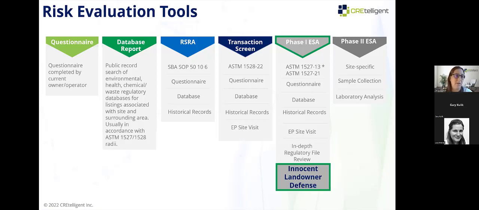We recently had a client ask us, I have an old Phase 1 and I did a database report, and the database report didn't find anything, but this Phase 1 had some historical information in it that identified a concern. Why didn't that come up in the database report? Well, because the potential concerns were found through the historical research and through historical sources. So aerial photographs, city directories, fire insurance maps, those don't get reported to the regulatory agencies, so you won't see those in a database report.